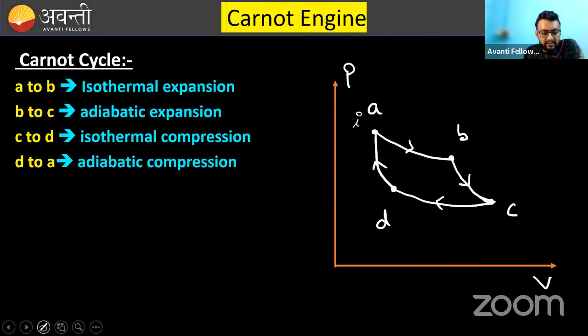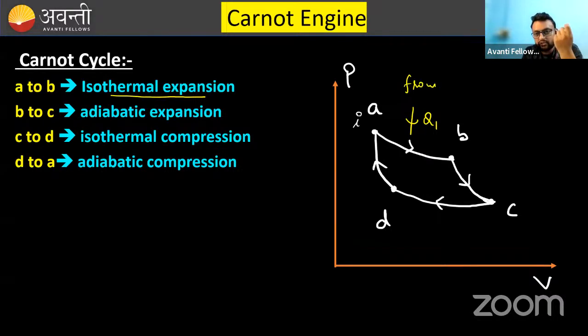Okay. So what is this? A to B is the process of isothermal expansion. And in this process, the system takes heat Q1. When the gas is isothermally expanded, it receives heat from the surrounding or from the source, that is Q1. So Q1 heat is given by the source. I have mentioned a wrong spelling here, source.